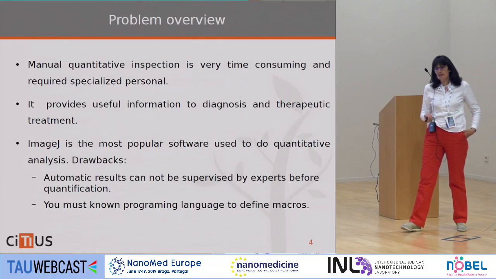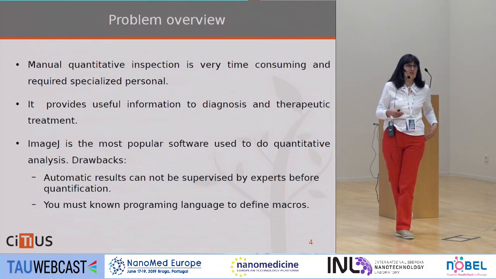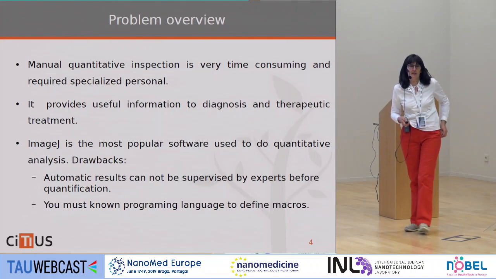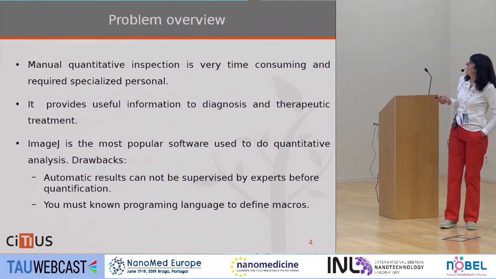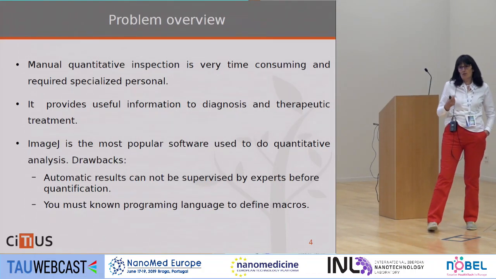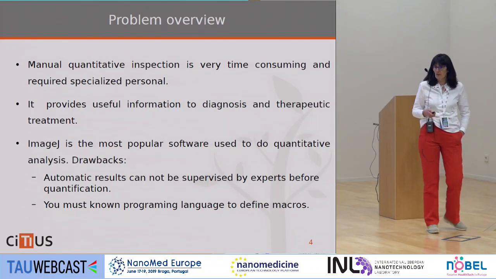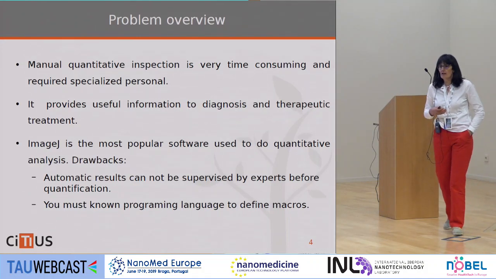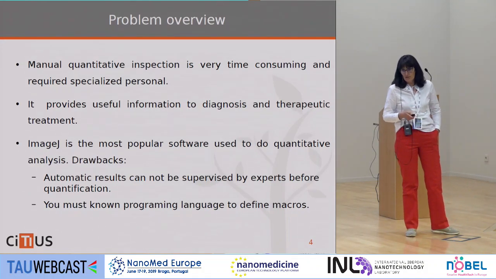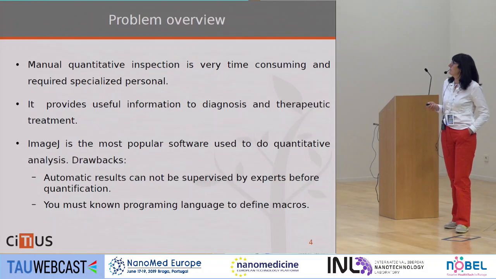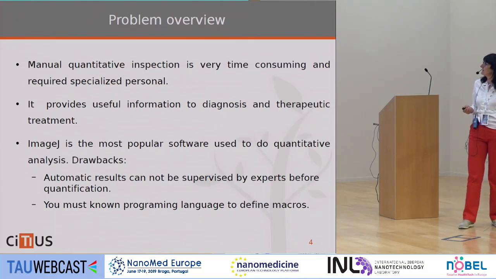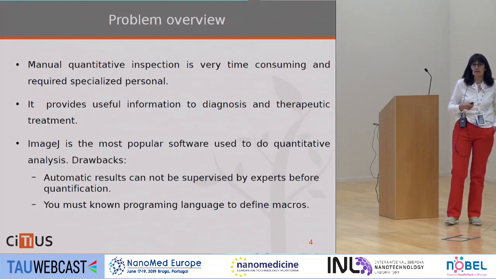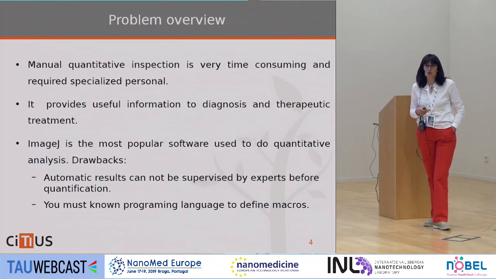Instead of the useful information that quantitative analysis provides, it is very rarely made, because manual quantification is very time-consuming, requires specialized personnel, and many times is very subjective. The most popular software used for quantitative analysis is ImageJ, but I think ImageJ has some drawbacks.